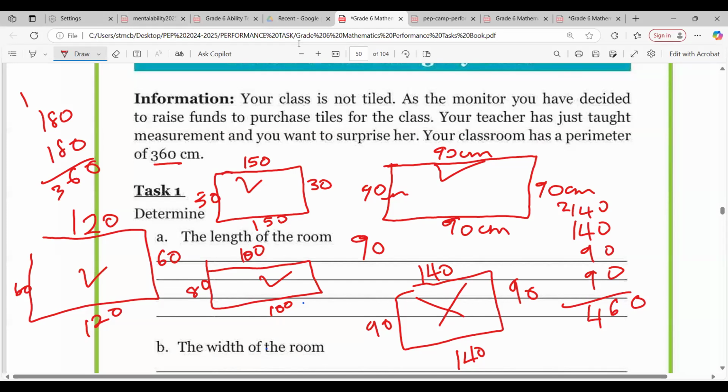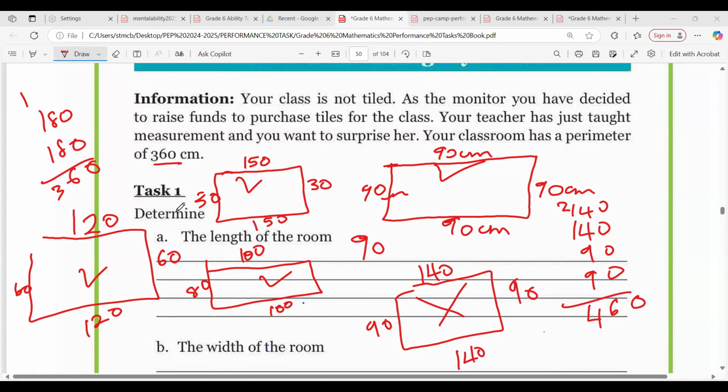All right. For this one, guys, I'm going to take Israel Bryan for the last one, and then the others keep your hand up. I will try to make sure you get the chance as well. Go ahead, Israel. So sir, what I put for task 1 was 120 and 60.